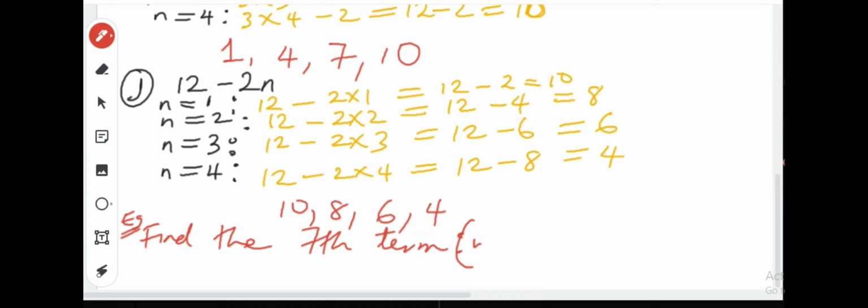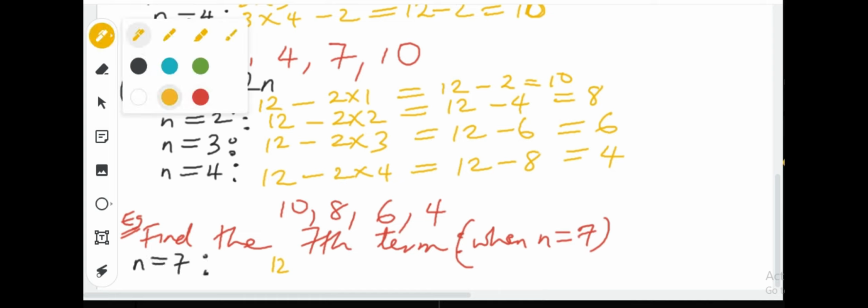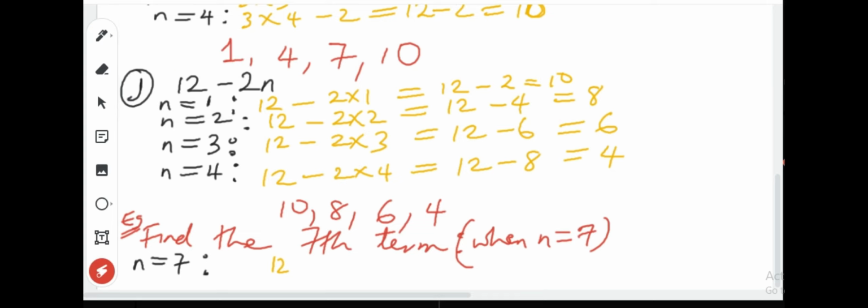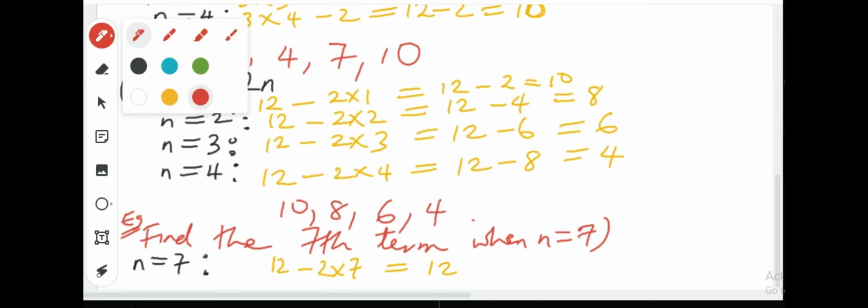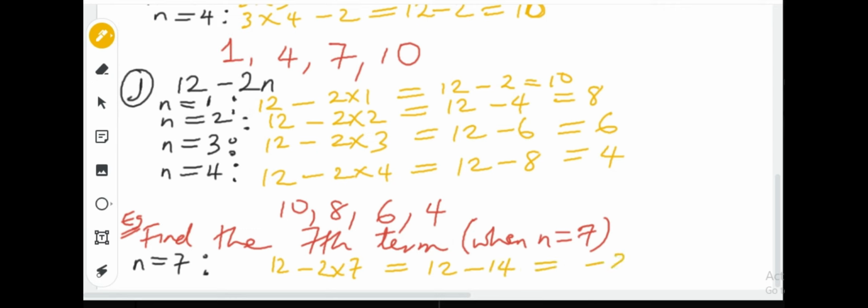Substituting, that's 12 minus 2 times 7. 2 times 7 is 14, that will give us 12 minus 14, and that will give us minus 2.